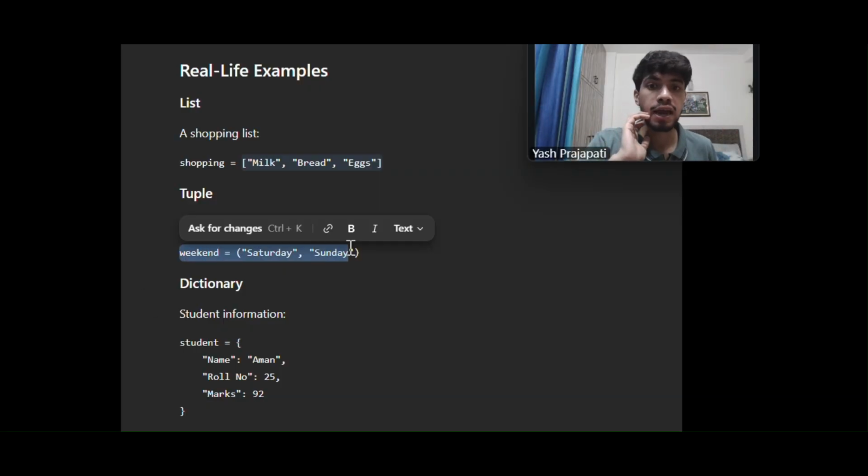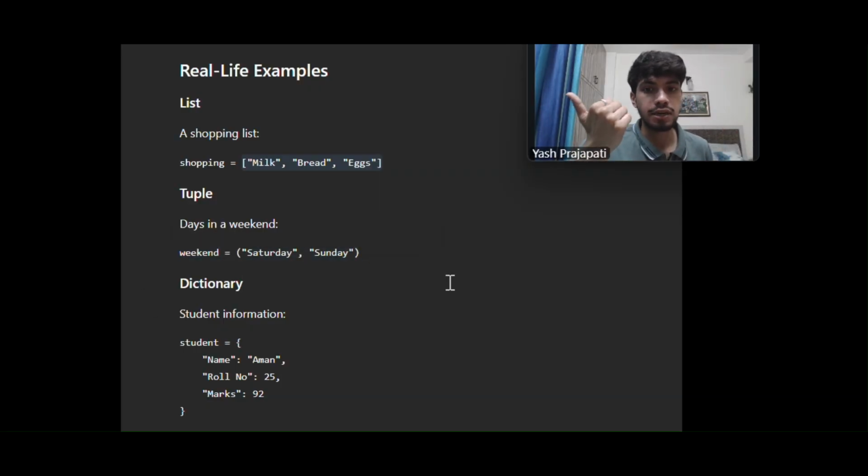So weekend equals Saturday, Sunday, so it is a fixed data type. Now a dictionary can be used to store student information as a real-life example. We are storing a student's information: name, roll number, marks, address, anything. So they store data in a single variable instead of creating different variables.